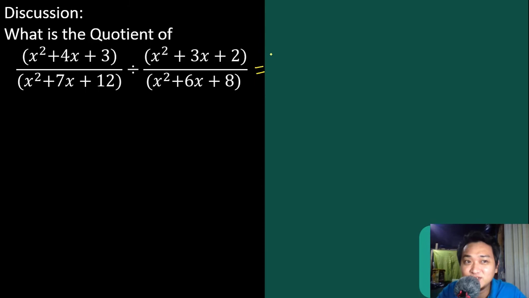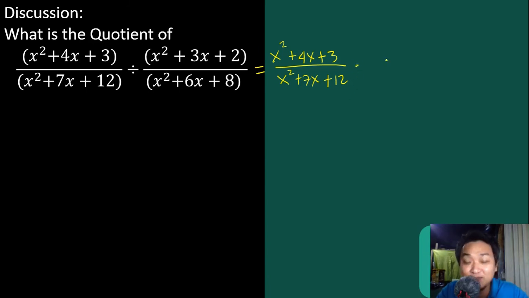So, that is also the same as multiplying the reciprocal of the divisor, that is x squared plus 4x plus 3 over x squared plus 7x plus 12. Para dun sa mga nagtatanong, reciprocal is the same as the multiplicative inverse of a fraction or of a rational algebraic expression.